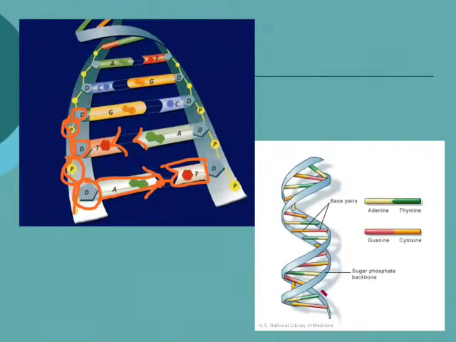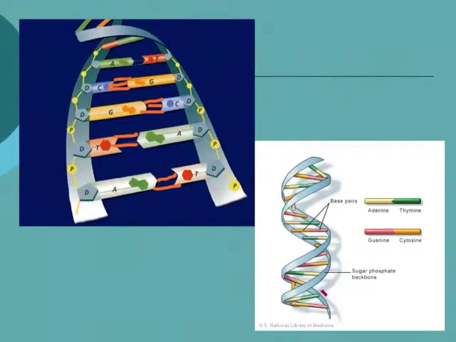Okay, you can also see, if I erase this, how you've got double bonds here between the adenine and thymine, and you can see triple bonds between the cytosine and the guanine. And I'll erase that again so you can see that.